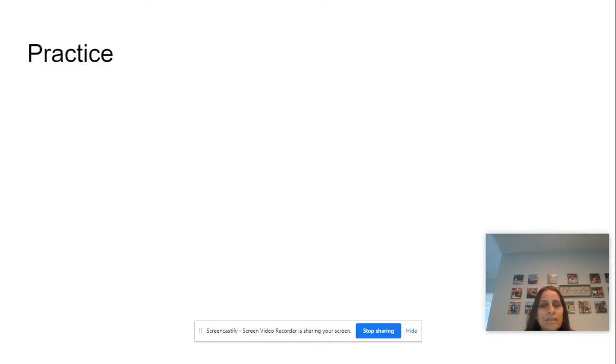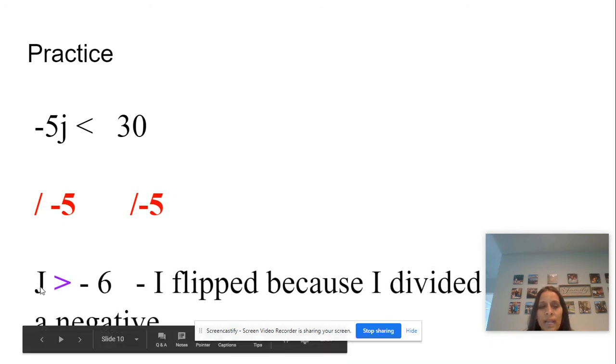So let's practice. This is a one-step inequality. Notice it has the less than sign. Here we would say this means multiplication, so the opposite is divide by 5. And here's our answer, J, which is my variable.